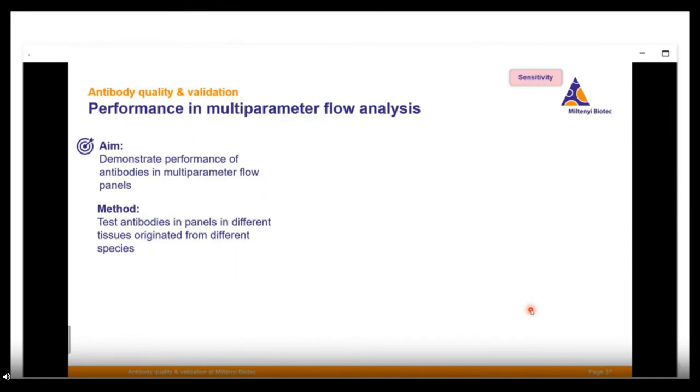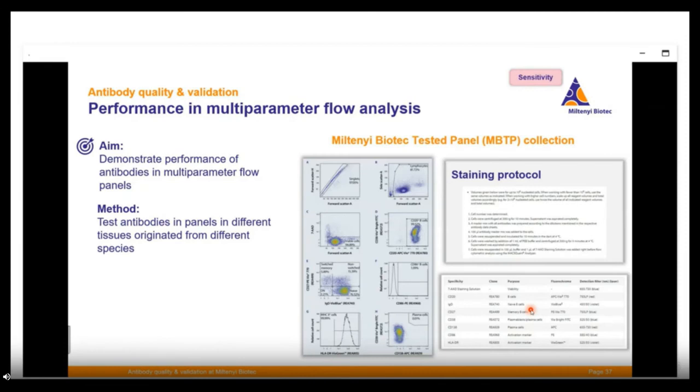Finally, the performance in multi-parameter flow cytometry. This is something new that we are trying to investigate, because a lot of these antibodies, of course, in the end are used in a multi-parameter flow panel. And here, of course, we test multiple antibodies together in a panel, and we are trying to build a collection of panels that we call Miltenyi Biotec tested panels. And we basically show the performance of the panel.